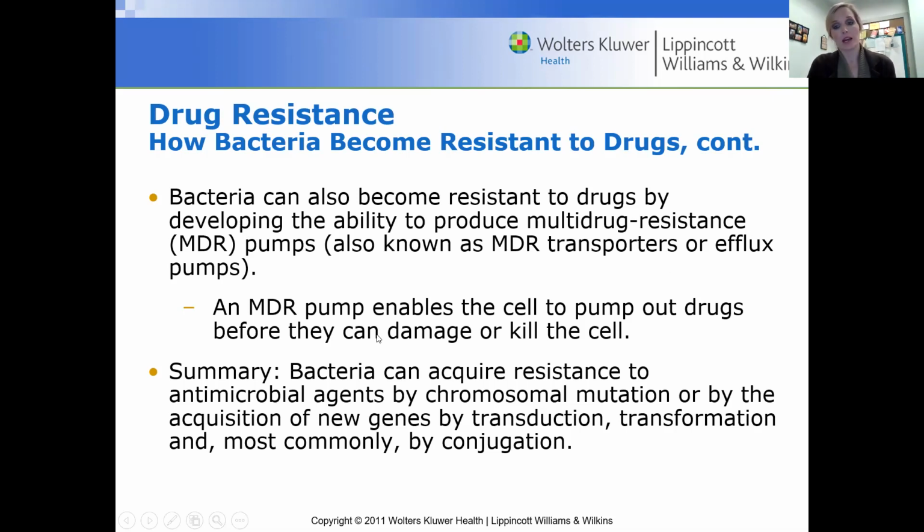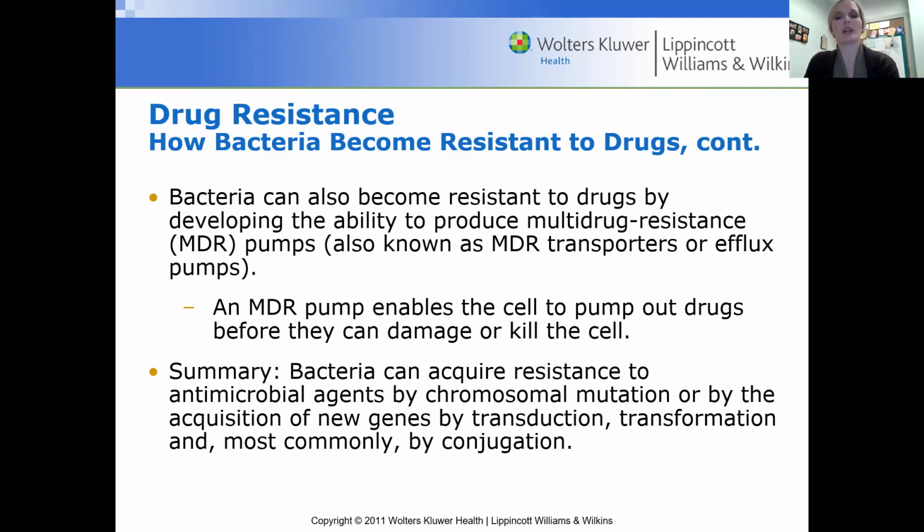Meaning, as it mentions here in the description, this bacteria has developed a mechanism so that once the drug adheres to the bacteria, it causes that cell to pump out drugs before they can damage or kill the cell. So it kind of ejects them. Even though the drug may be able to attach or get into the cell, it has developed this mechanism that pumps it out before it can do any work.